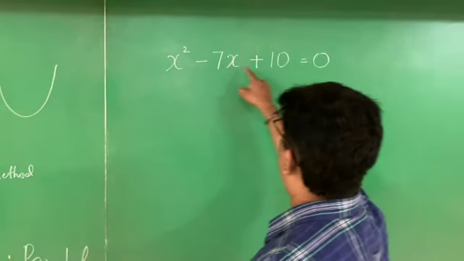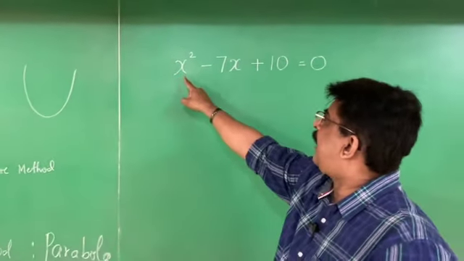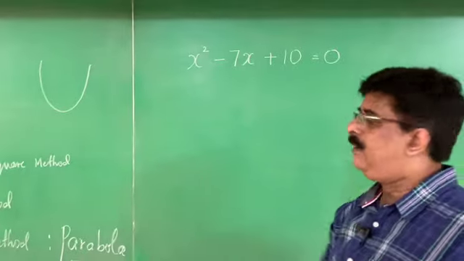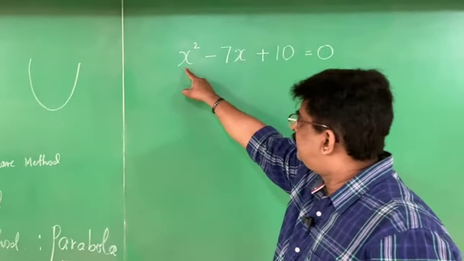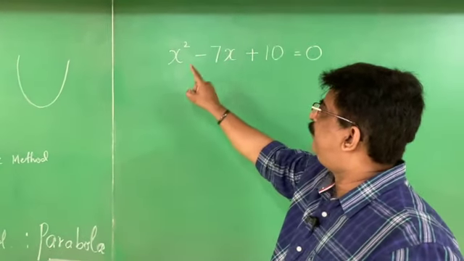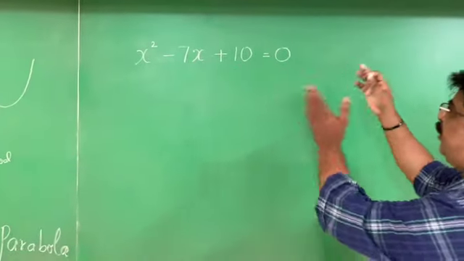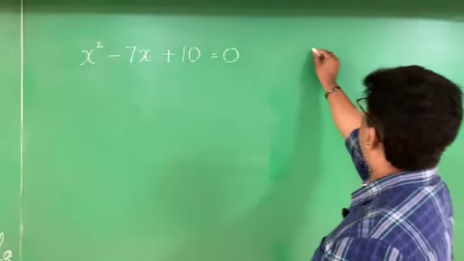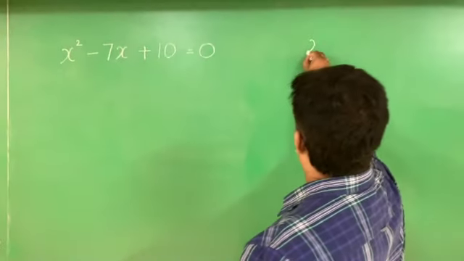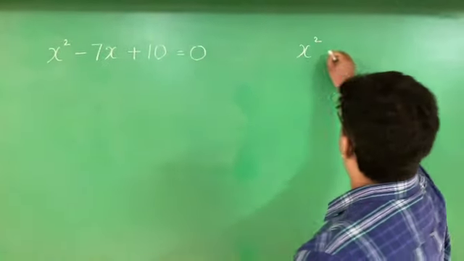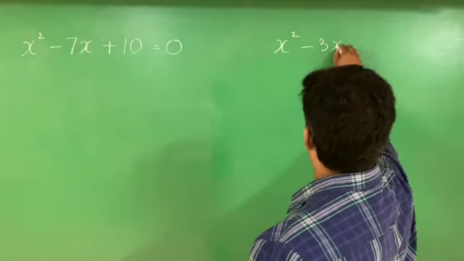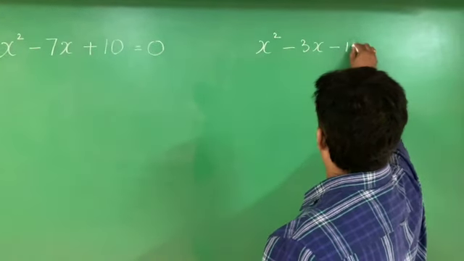This is a quadratic equation in the standard form. I want to solve this quadratic equation by the factorization method. I write one more equation here so that you can compare both. The other equation is x square minus 3x minus 10 is equal to 0.